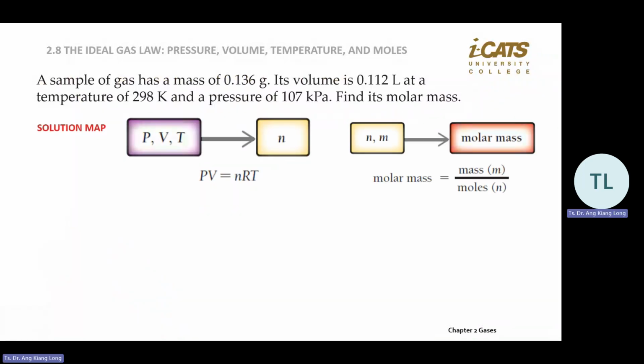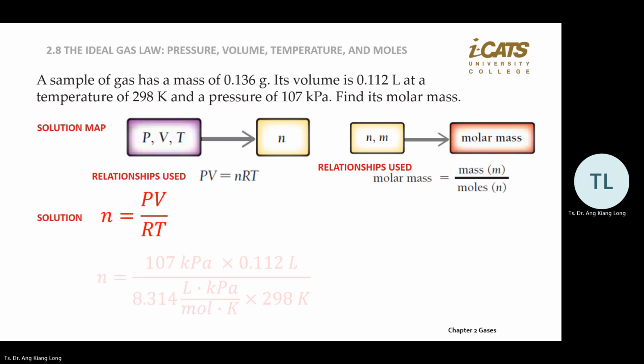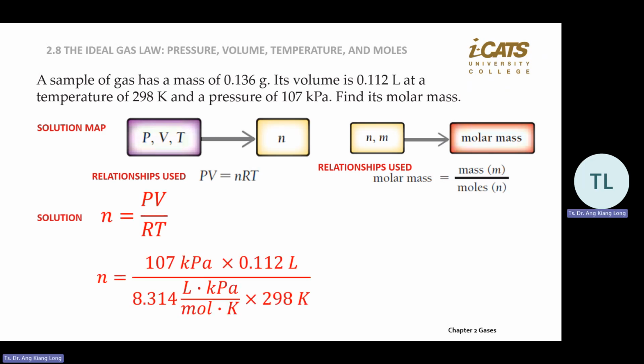So just need to add in one more definition, which is mole equal to mass divided by molar mass. You rearrange, right? You take the mass divided by mole, right? So PV equal to nRT.